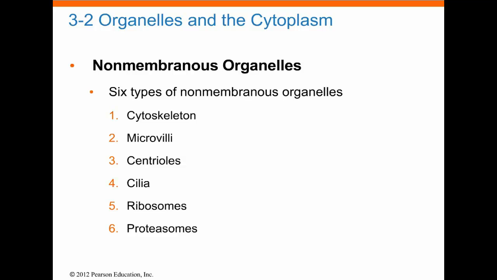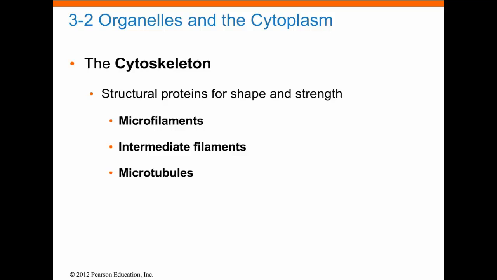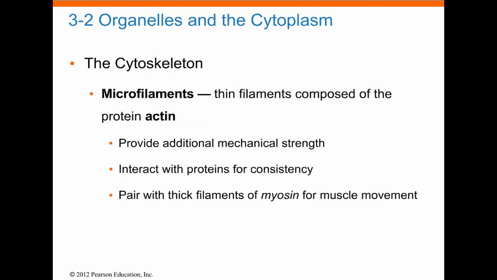So looking a little more closely at the non-membranous organelles, remember these have direct contact with the cytosol. There are 6 that we're going to be covering. The cytoskeleton is made of structural proteins and provides shape and strength to the cell.